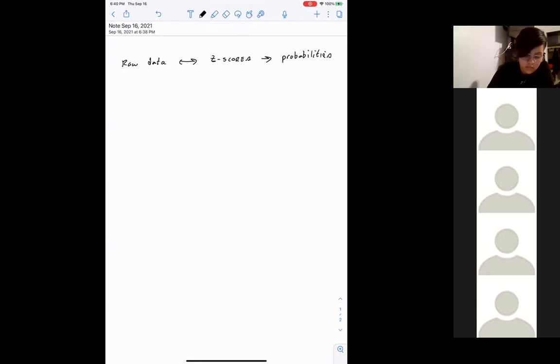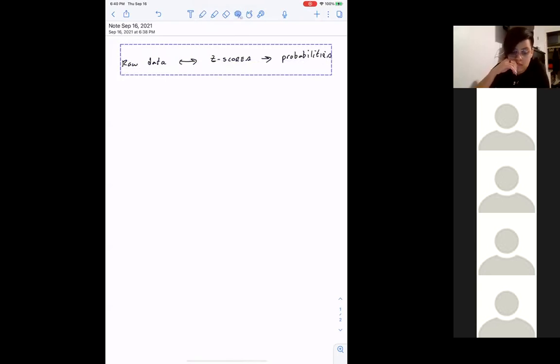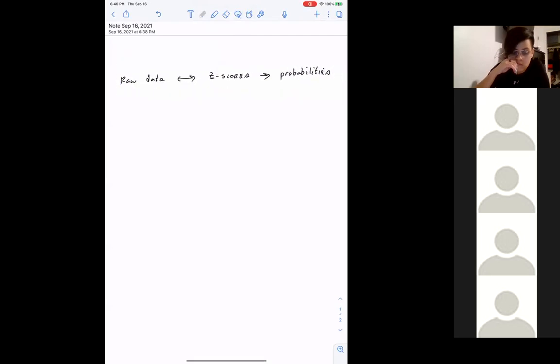back before calculators and computers were so prevalent, that the only way to get to a probability from the raw scores is to pass through your z-scores. You go from the raw data, and then you compute your z-scores, and then from the z-scores, you can compute your probabilities.